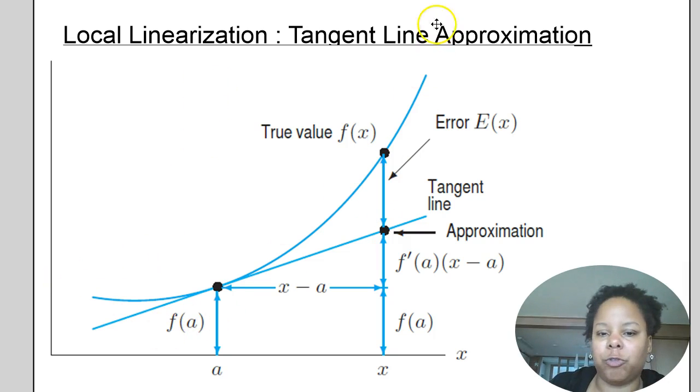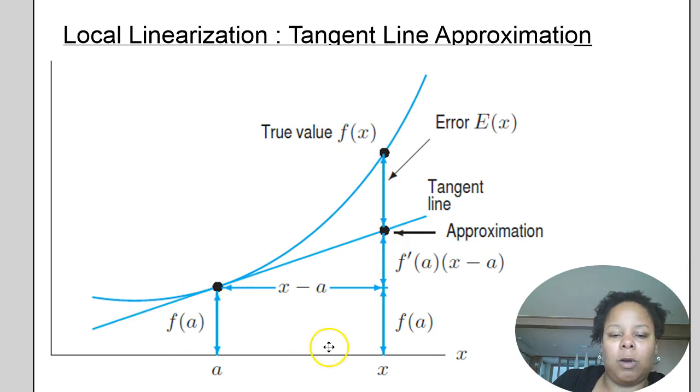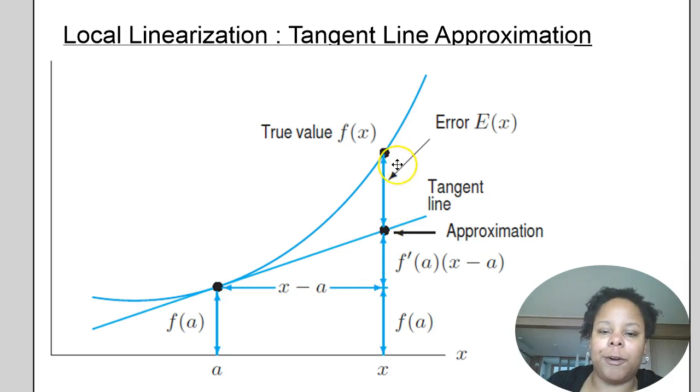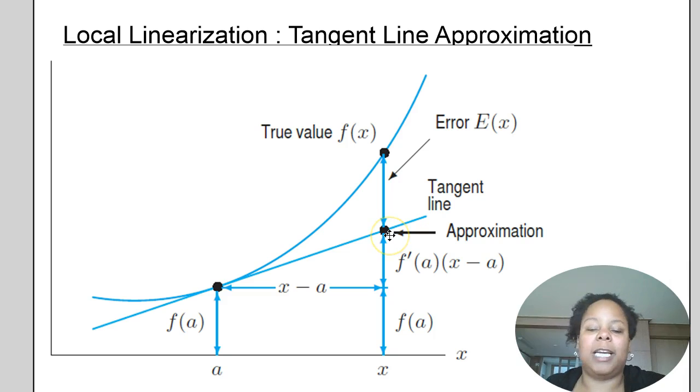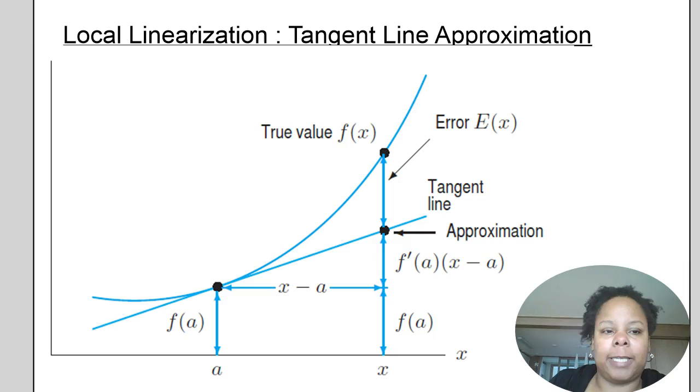Instead, here we still have a true value of the function values, and then we have the line that approximates it, which is a linear approximation. And as x minus a is bigger, the error between the actual function value and the tangent line approximation becomes bigger as well. And so that's what we want to take a look at.